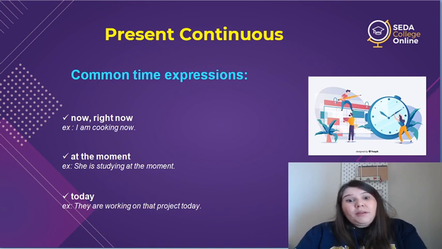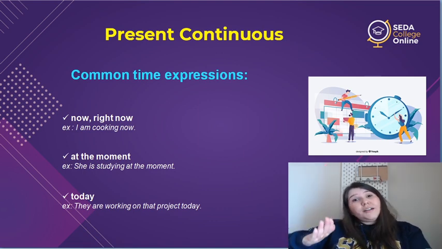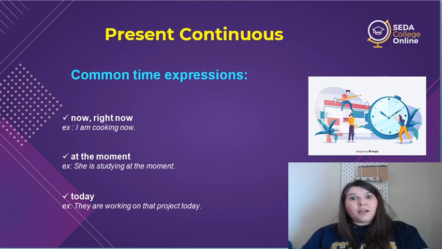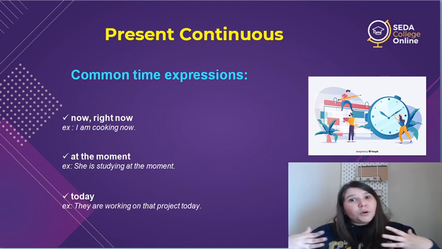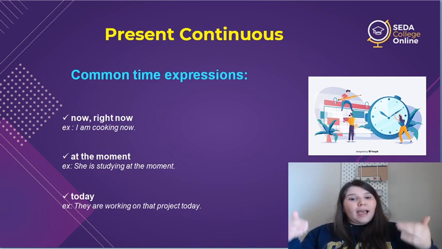Or at the moment. Example, she is studying at the moment. Or you can use today, for example. They are working on that project today. So during the entire day, they're going to be working on that project. It's an action in progress that's happening at the moment, happening today.